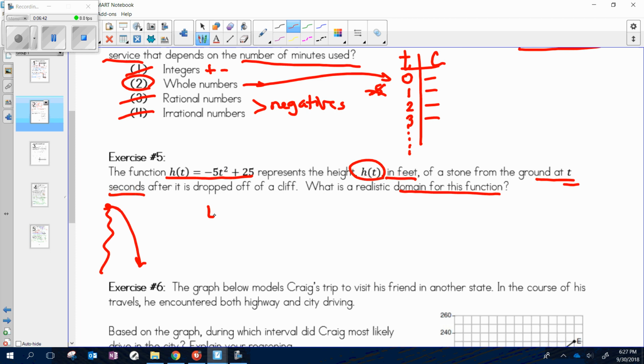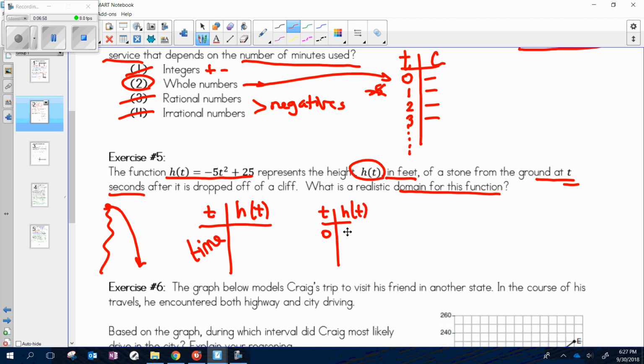So I'm seeing t and h of t. T is representing time, and the stone starts, I would say then, at time 0, and its height was at the highest point here.